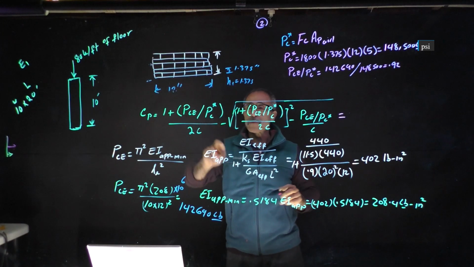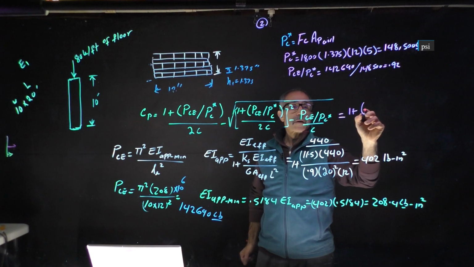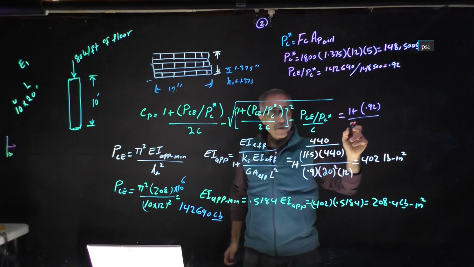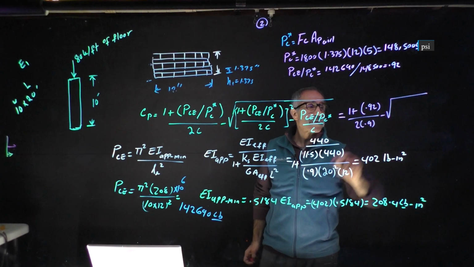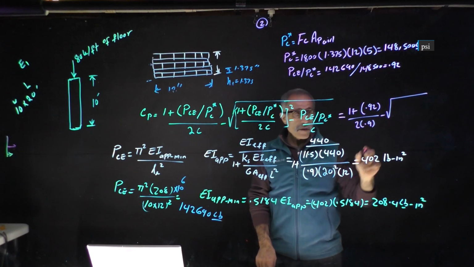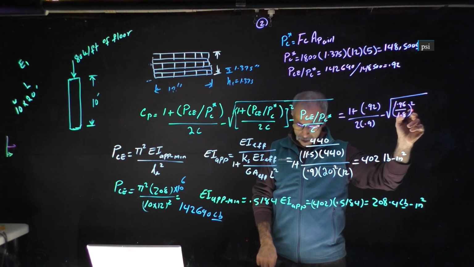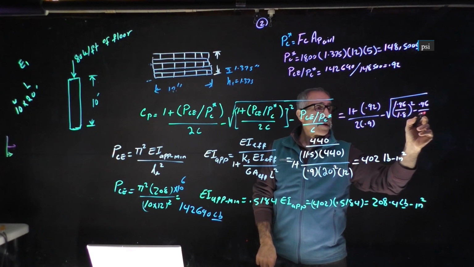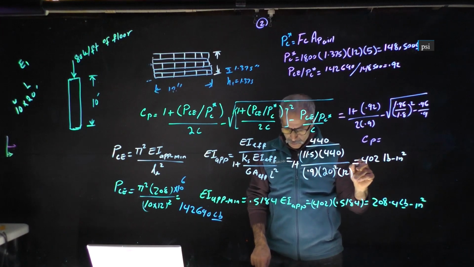So this equation comes out to 1 plus 0.92, divided by 2 times 0.9, minus the square root of 1.92 divided by 1.8, squared, minus 0.92 divided by 0.9, and I get CP equal to 0.727.